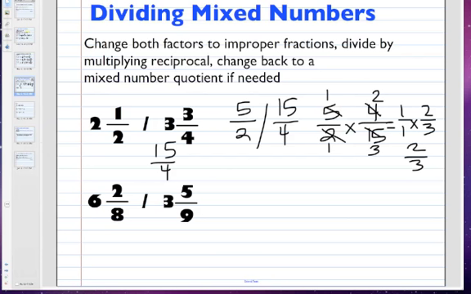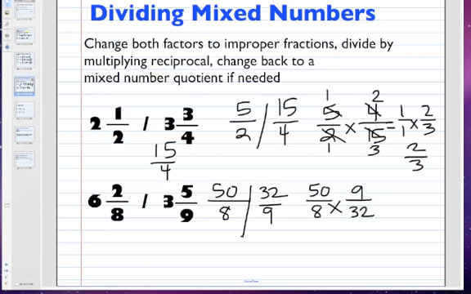Next, 6 and 2/8 divided by 3 and 5/9. First thing I do is change them both into improper fractions. So I have 50/8 divided by 32/9. Now I set it up as a multiplication problem, so 50/8 times, remember to flip the second one, 9/32.